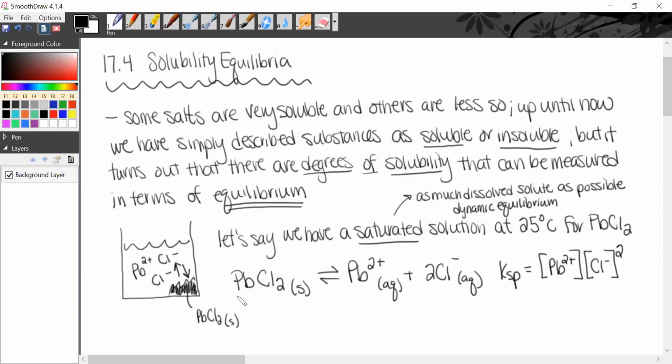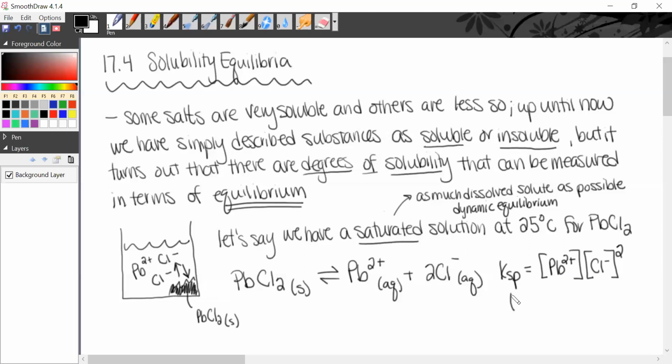An equilibrium expression is really related to the rate of the forward and the reverse reaction, and rates are only affected by things of differing concentrations or pressures. So having more solid in the bottom of the beaker is not going to affect the equilibrium position of this salt.